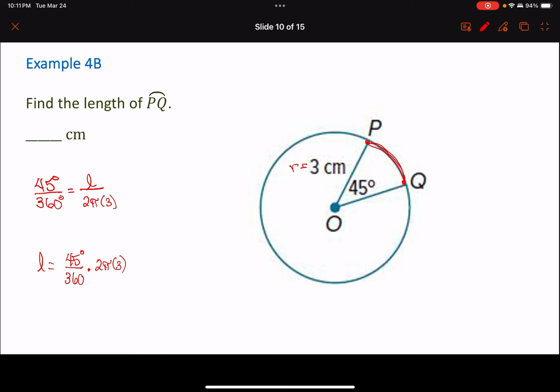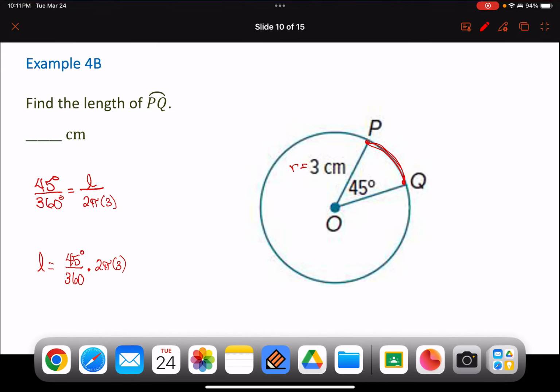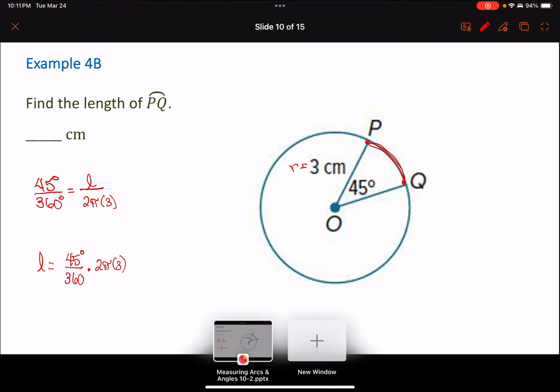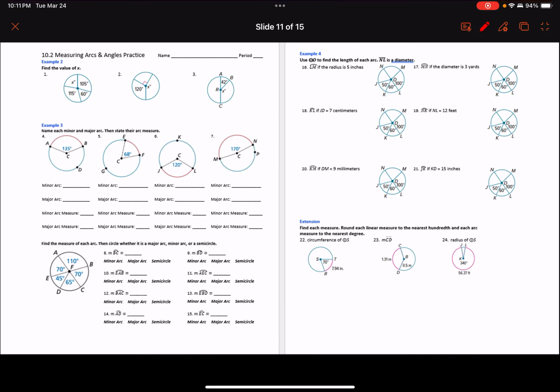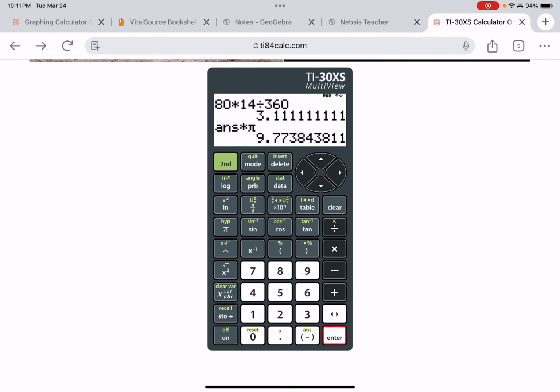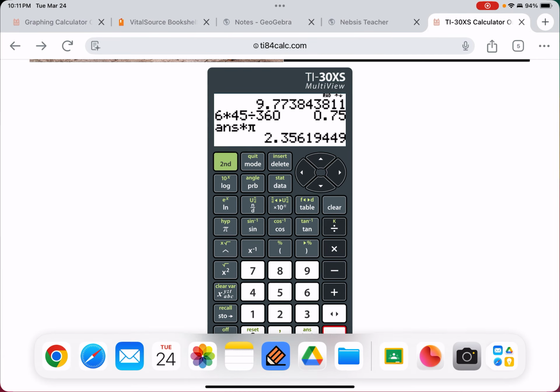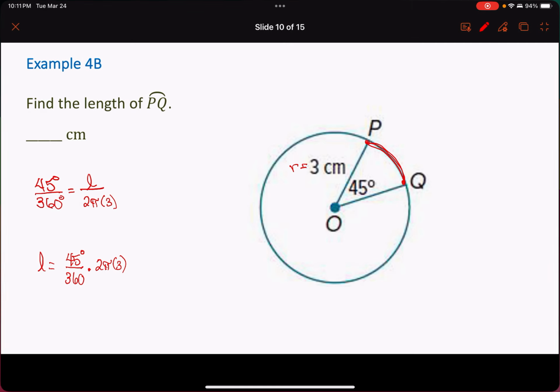So we will take 2 times 3 and get 6. 6 pi times 45 divided by 360 gives us 0.75 pi, or 2.4 centimeters.